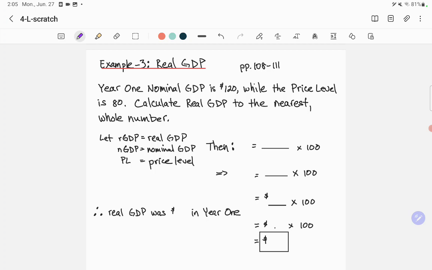So, Real GDP, NGDP, PL. Okay, what do we want? We want real GDP. But first, what is the basic equation from where we start?